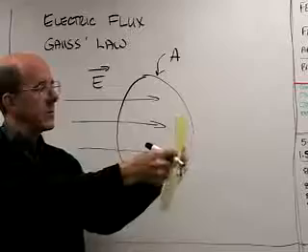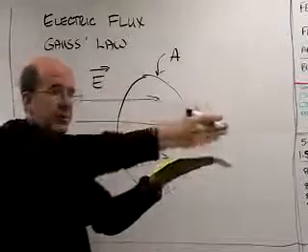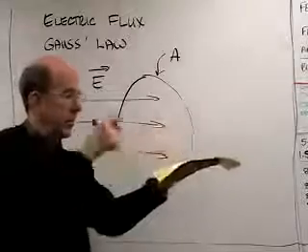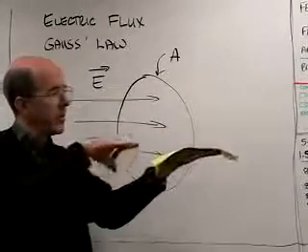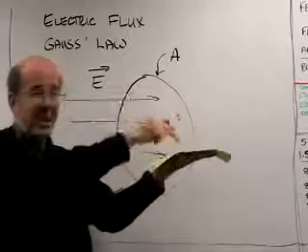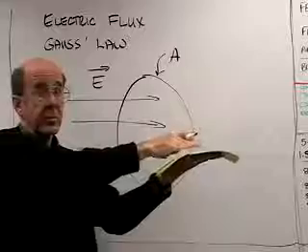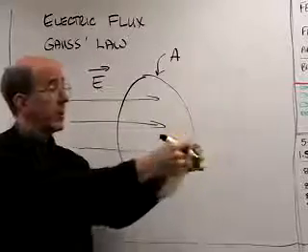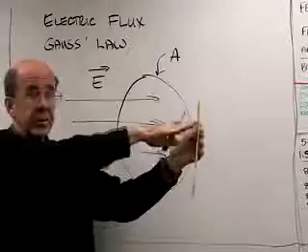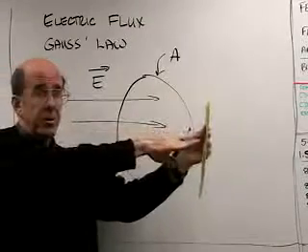But if I take the same surface area and turn it like this, and then have the electric field lines going in this direction, then all the electric field lines are going to go either above or below the surface, but not actually through the surface. So in this case, the electric flux is going to be 0, but if I turn it this way, the electric flux is going to be as large as it can be because the surface is actually perpendicular to the electric field lines.